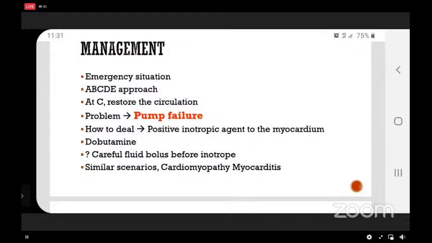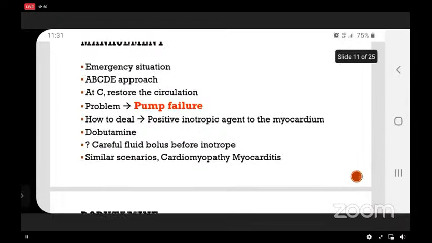So you are basically stimulating the rest of the heart muscles with a positive inotrope. So you can start dobutamine. Probably you can give a fluid bolus before you start the inotrope, but be careful, the patient might be in heart failure with a lot of crepitations. So there may be a chance that you might be able to give a little bit of fluids before you start your dobutamine.